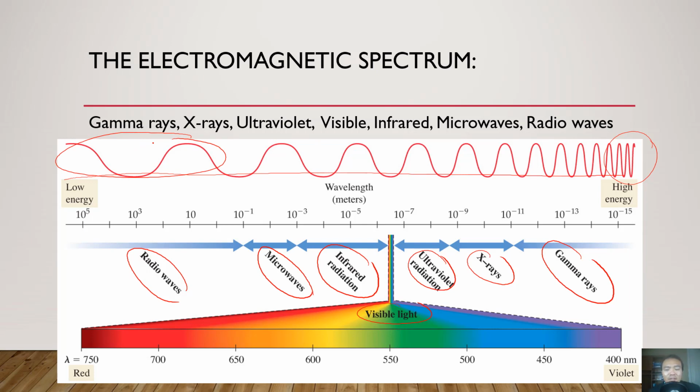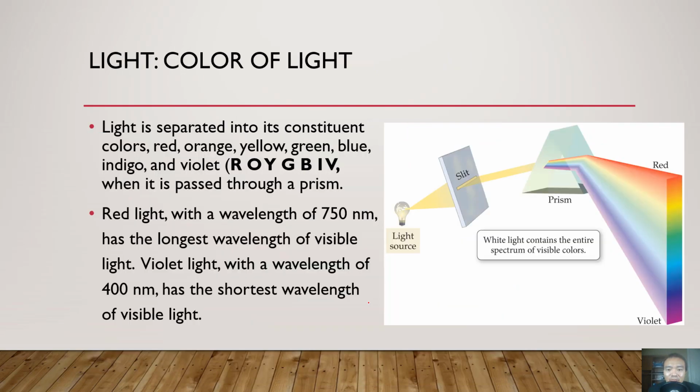Visible light is a very, very small portion of the electromagnetic spectrum, as expanded as you can see over here. Let's look into the details about different colors of light. There are 7 major different colors: red, orange, yellow, green, blue, indigo, and violet, or ROYGBIV.